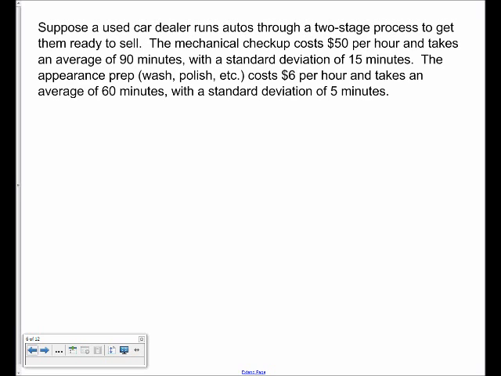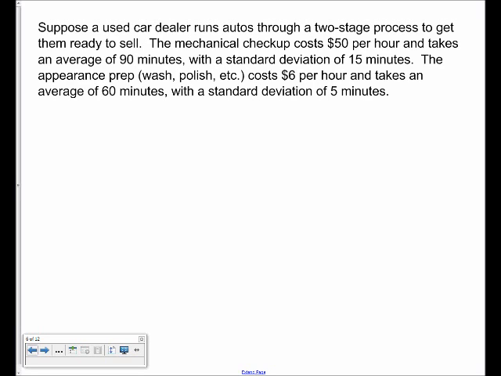For our purposes, you might think there's something going on there, but we're going to say that they're independent. So no matter how long it takes to do the mechanical checkup, it's not going to affect how long it takes to do the appearance prep. So these are independent events, independent random variables. Again, random variables because it can take on any random number.